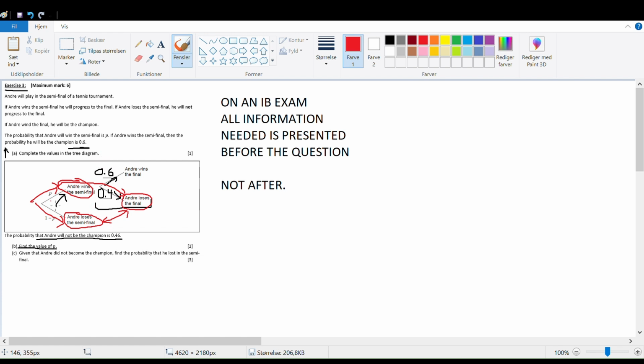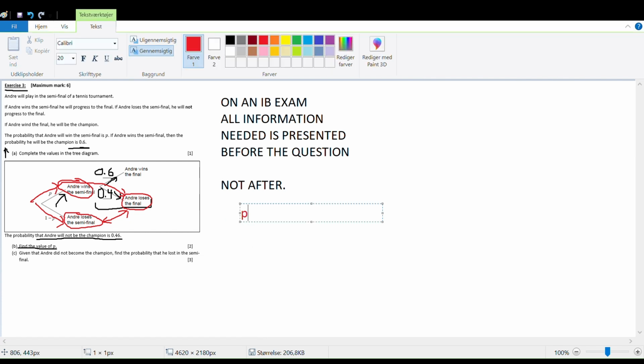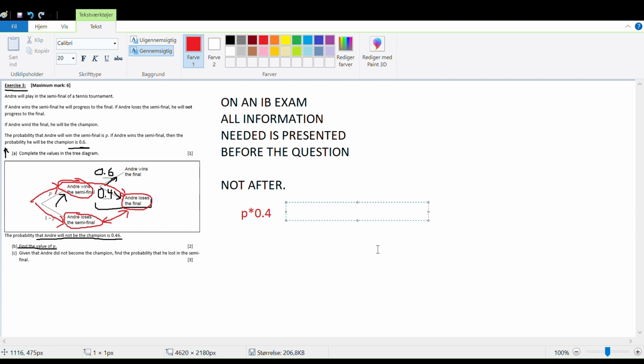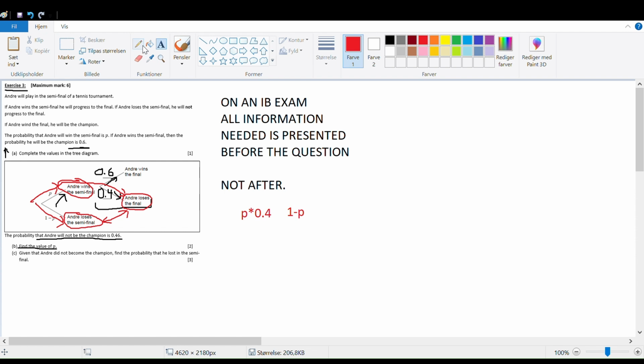The probability of 2 events happening in a row is just the probability of each one times each other. So it would be P times 0.4. Then the other one would be 1 minus P. Once you have those probabilities, you can simply add those 2 up because those are the true probabilities of each event on their own. That should be equal to, according to this problem, 0.46.